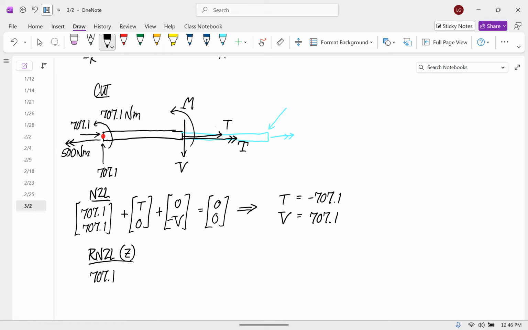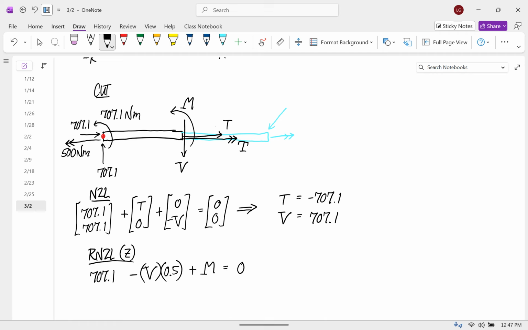And then the only other things that produce a moment are the minus V times its moment arm of 0.5, because that V would produce a clockwise moment around the about point. And then add on the M, and that's equal to 0.